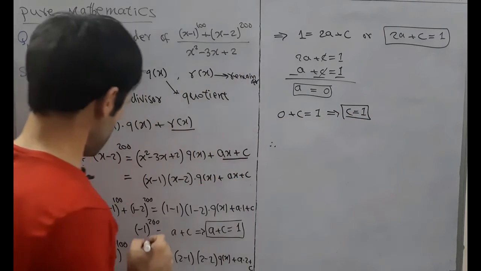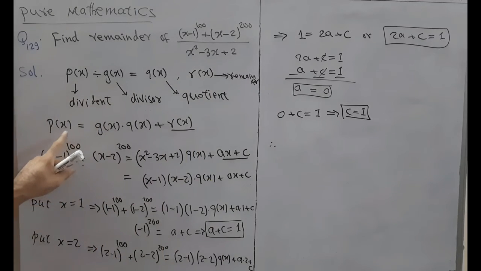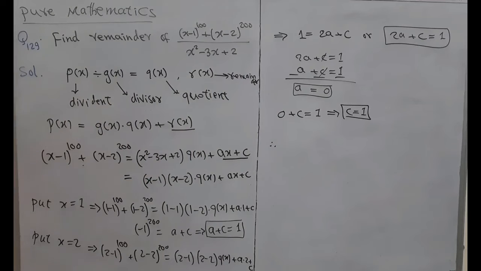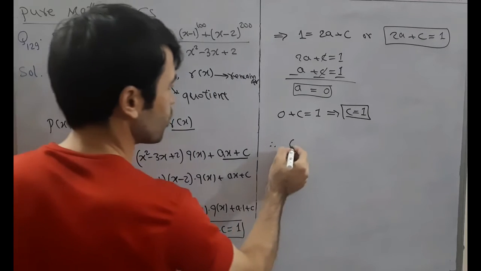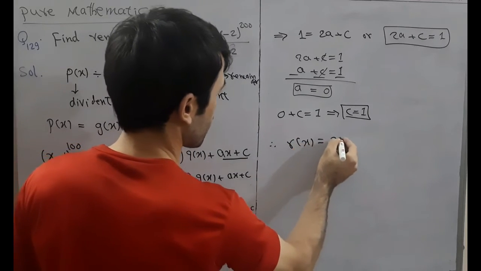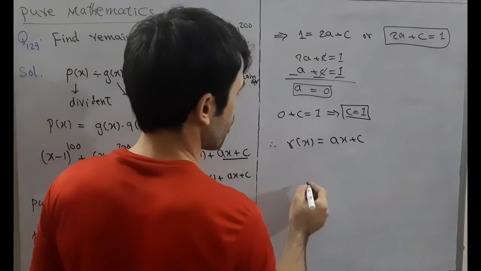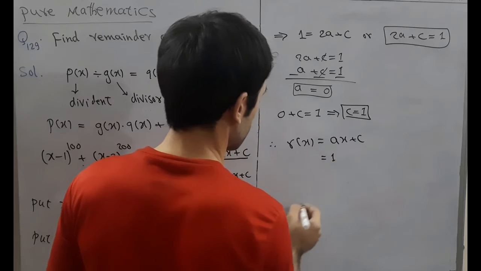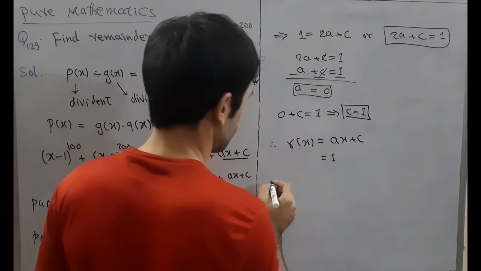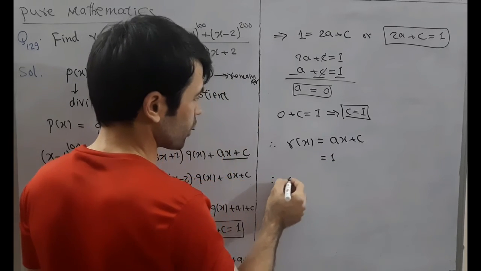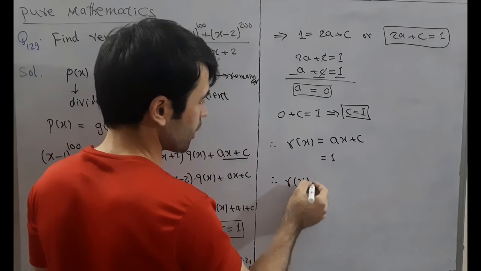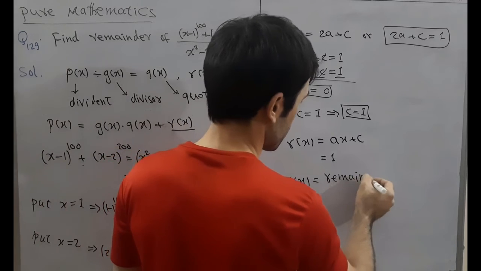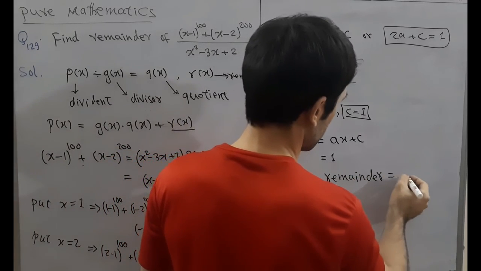Therefore, when r(x) is equal to ax plus c, with a equal to 0 and c equal to 1, our r(x), the remainder, is equal to 1.